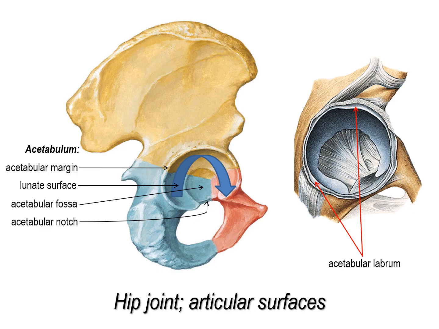In the middle is located the acetabular fossa, and below the fossa is located the acetabular notch. The lunate surface is the only articular part and is covered by an articular cartilage. The depth of the acetabulum is increased by the acetabular labrum.